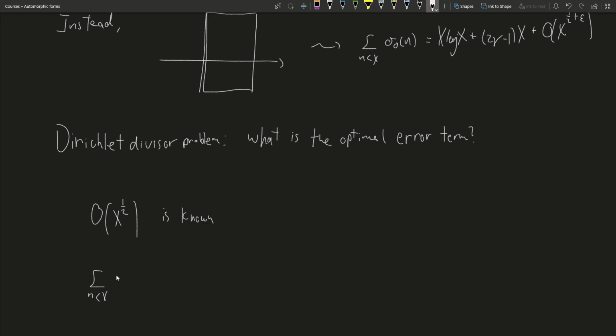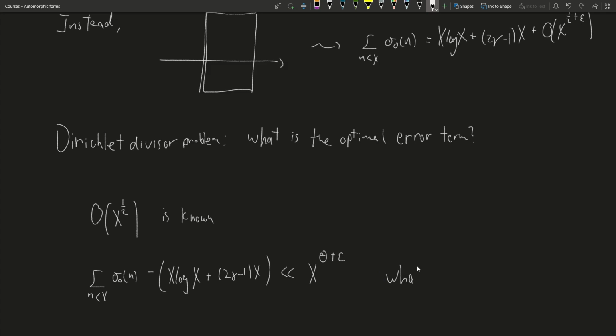So if you look at the divisor sum, and then you subtract off the main term, say you have a bound of the form x to the theta plus epsilon.